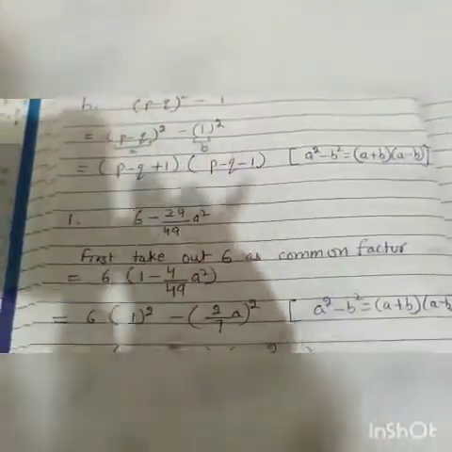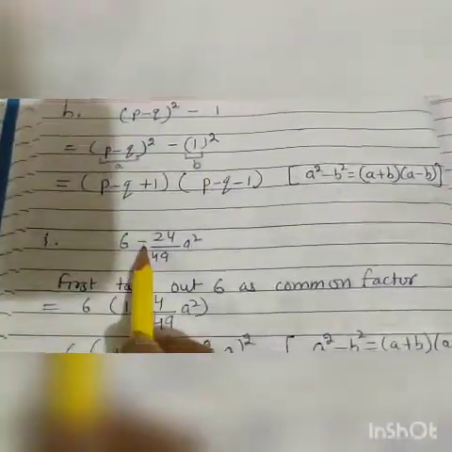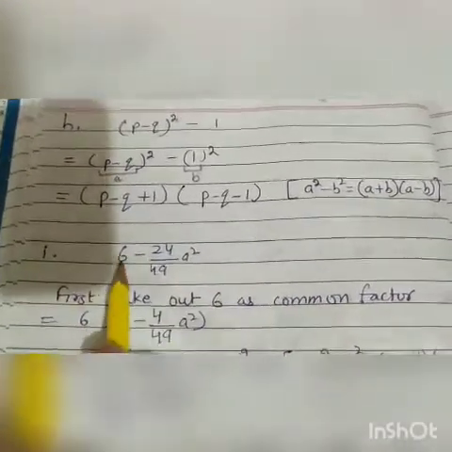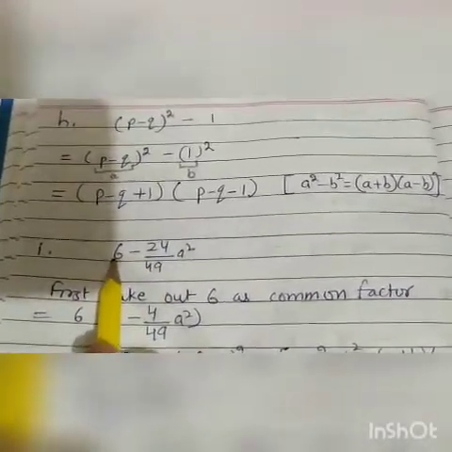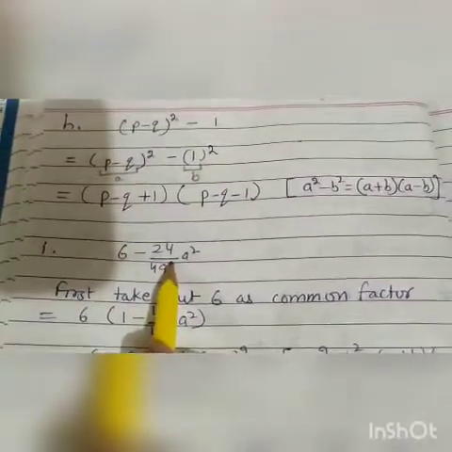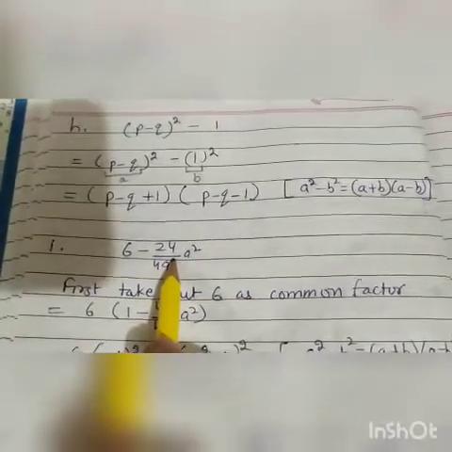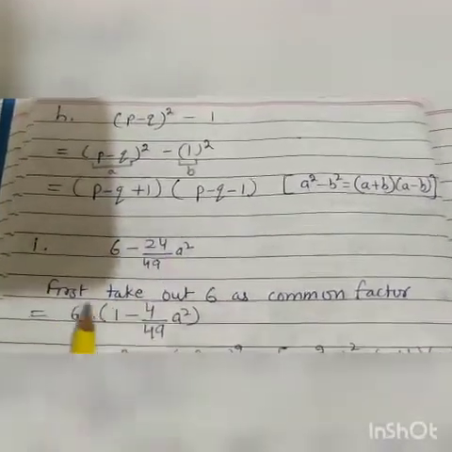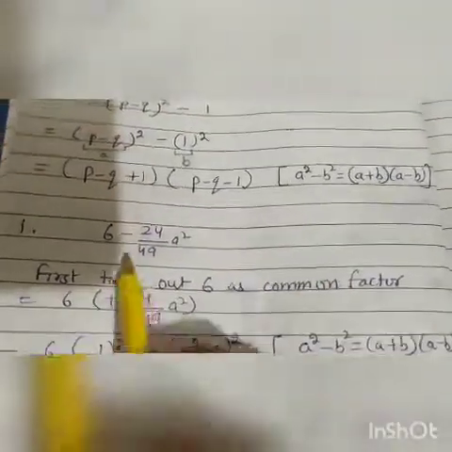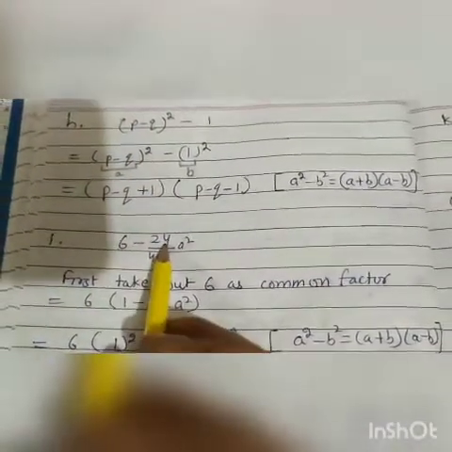Next part, i. 6 minus 24 upon 49 a square. See, again these are two terms, but out of these two terms neither is a square. So first we will change it to square terms. How? First take out 6 as a common factor. See, 6 ones are 6 and 6 fours are 24.